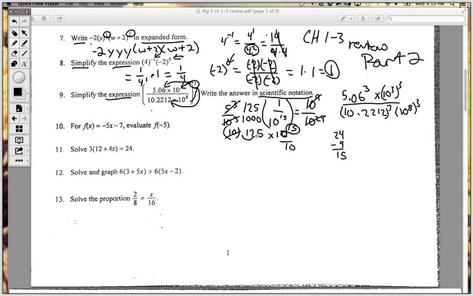So that would give me 1.25 times 10, and since I divided by 10, it's going to be 10 to the 14th. Let's make some space. I would have 1.25 times 10 to the 14th.